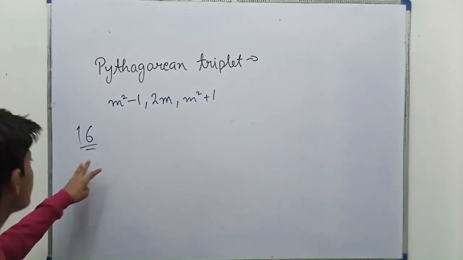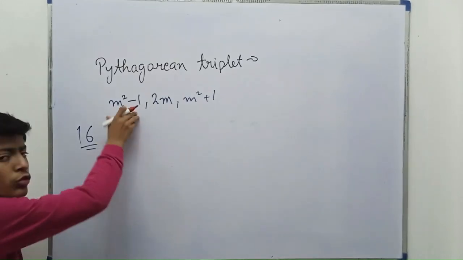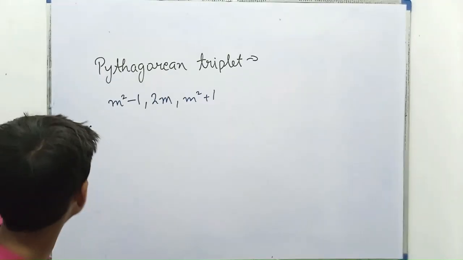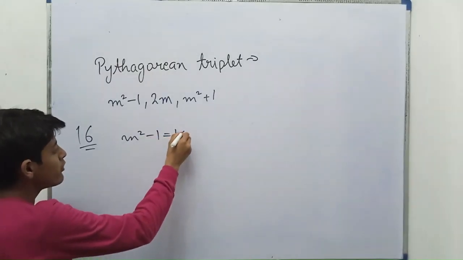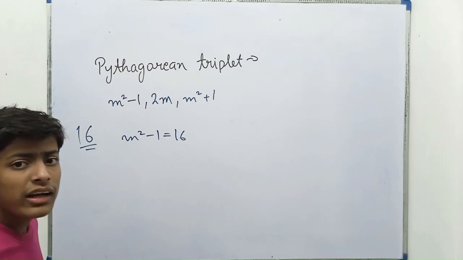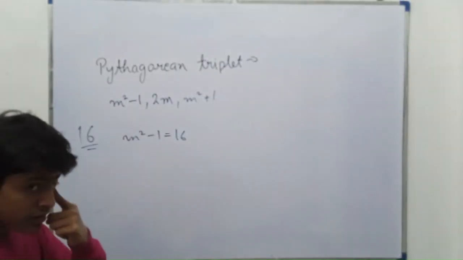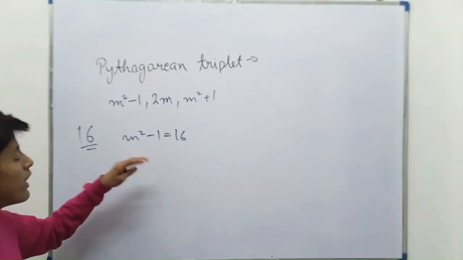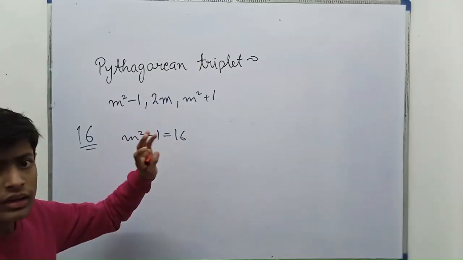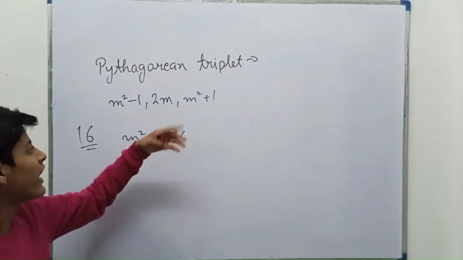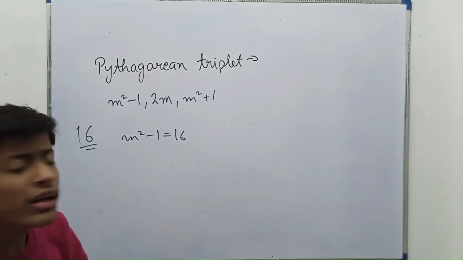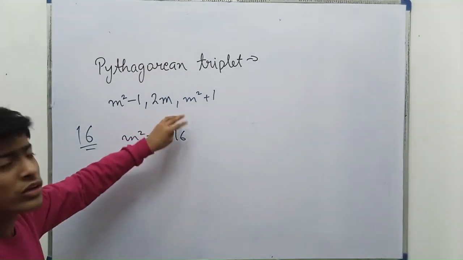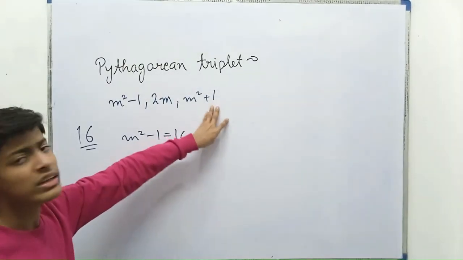Now we will put m square minus 1 equal to 16. We will find out the value of m, and if the number is in a Pythagorean triplet, then we will use that value in the other two expressions. If it is not, then we will put 2m equal to 16, and do the same with this also.